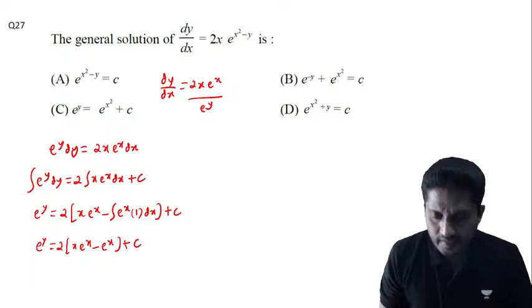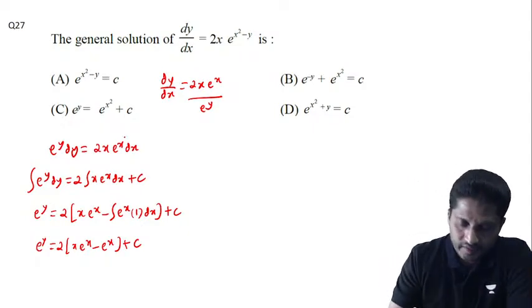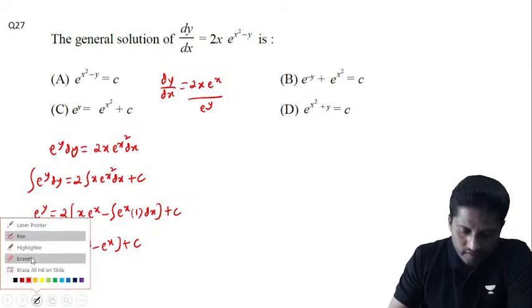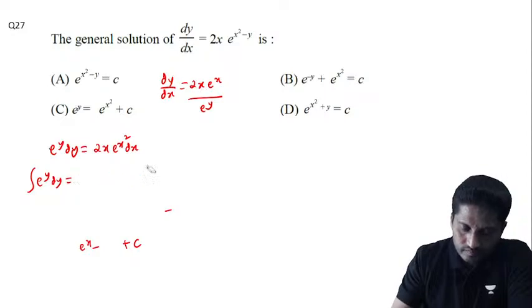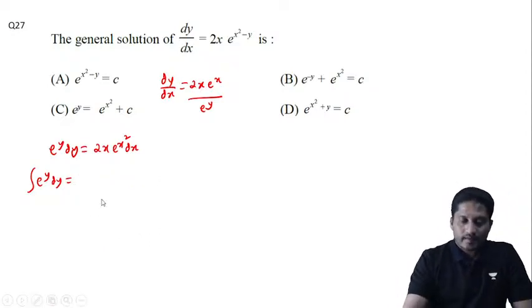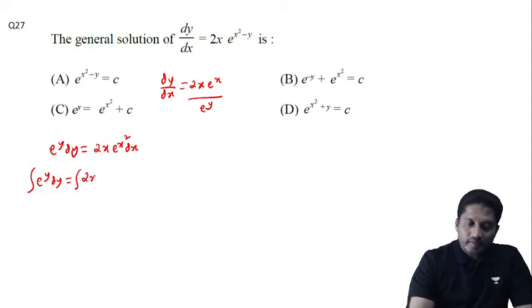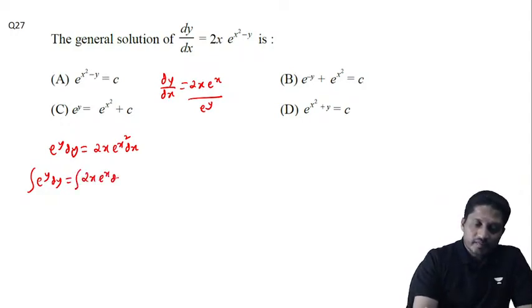E power x square, right? Sorry, so this is e power x square. Right, now if I simplify this, so e power y is equal to 2x into e power x square and then dx plus c.